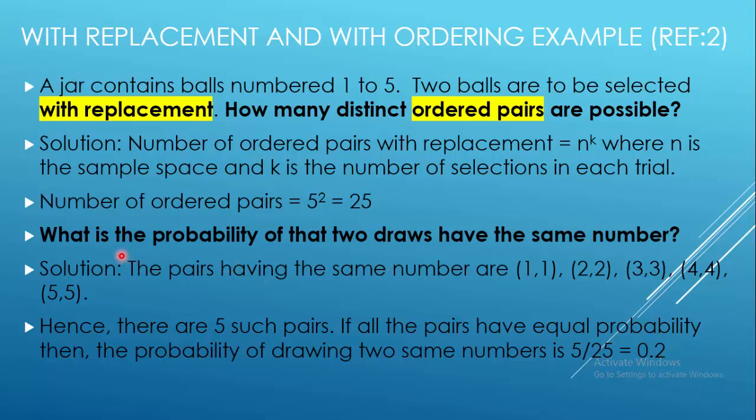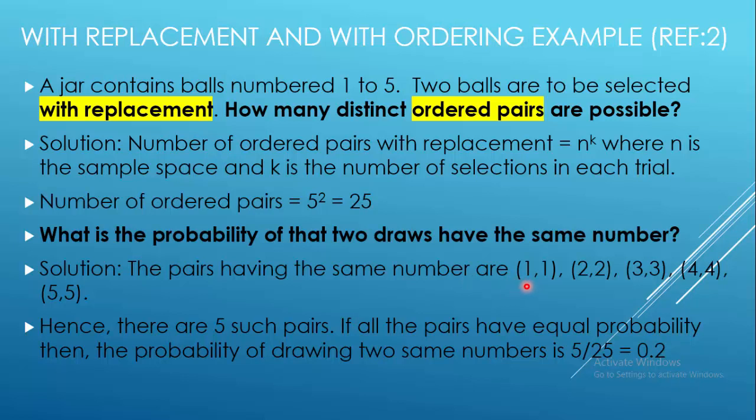Next, what is the probability that the two draws have the same number? Since we are replacing the balls, it is possible that in the first pick I get 1, then I put that ball back into the jar, and in the next trial I also get 1. Such trials are possible.